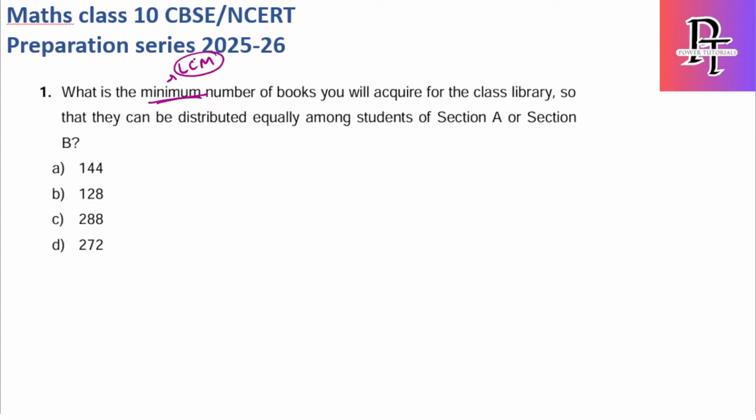Whenever you see maximum, the question is related to HCF. Minimum, LCM; maximum, HCF. Minimum means least common multiple. Max is highest, that is highest common factor. Just by seeing the first letter you can understand whether it is minimum or maximum.